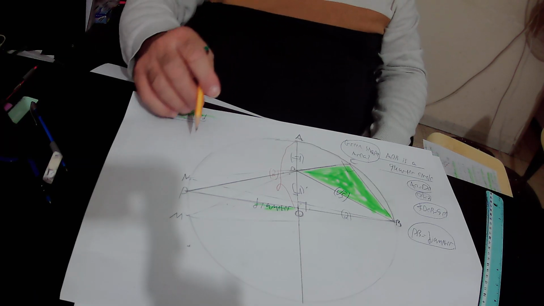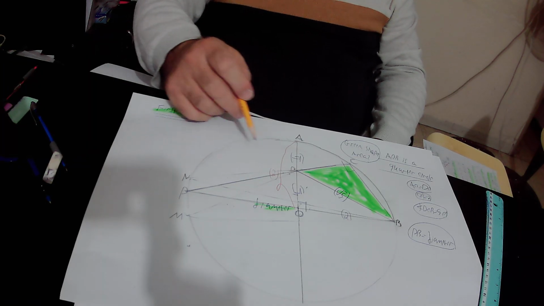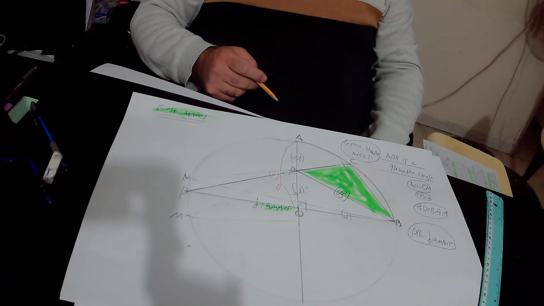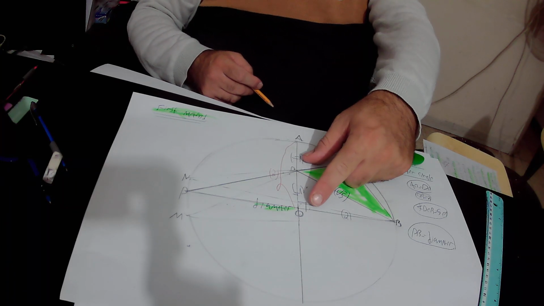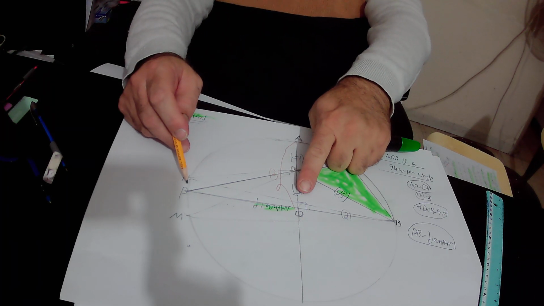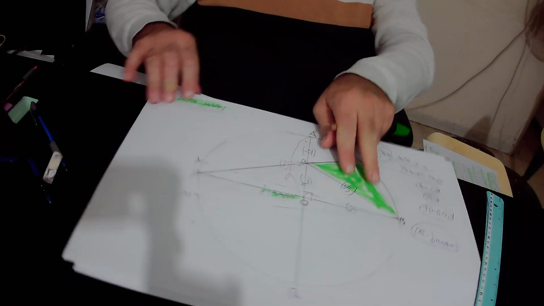By doing this construction, we get the right triangle DPO. In this right triangle DPO, we know that DO equals 1. The radius PO equals 2, according to what we found out.